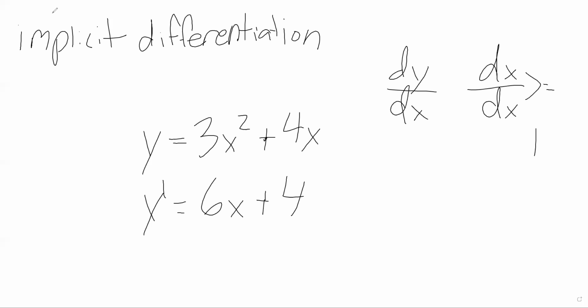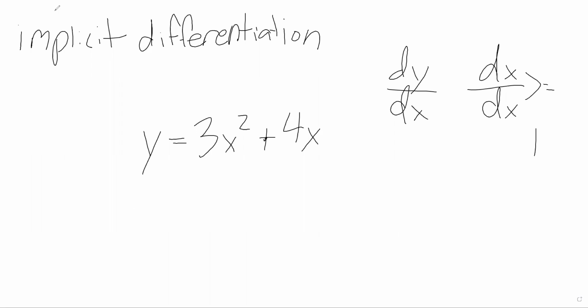So let's go through this and talk about implicit differentiation. How do we do it? All you have to do is take the derivative of everything in the equation. We'll start from left to right. So we have y. What's the derivative of y?